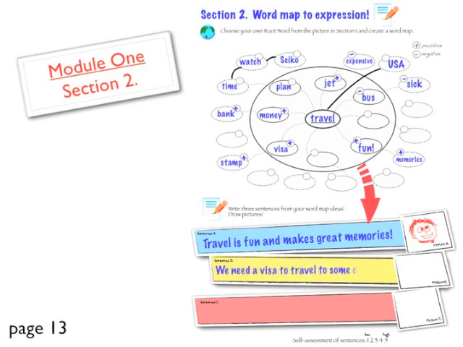Sentence B, we need a visa to travel to some countries. And I guess that's a visa stamp. Sentence C, let's see what they came up with. Travel can be very expensive. And so we have a bunch of dollars here. I guess that means expensive.